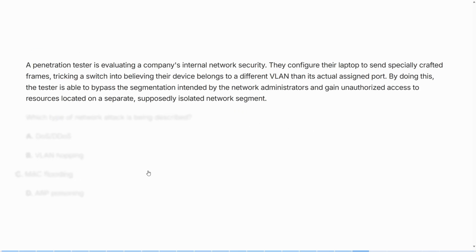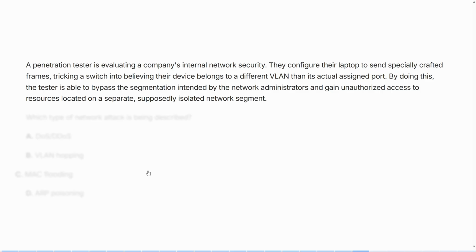We're on to what I believe is the last question now, so we're almost there. This question reads: a penetration tester is evaluating a company's internal network security. They configure their laptop to send specially crafted frames, tricking a switch into believing that their device belongs to a different VLAN than its actual assigned port.